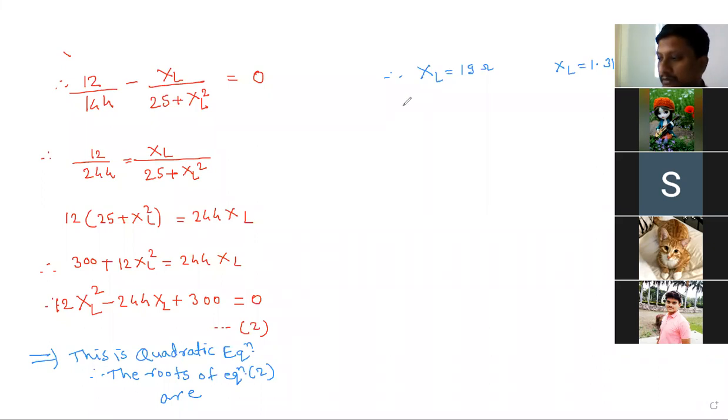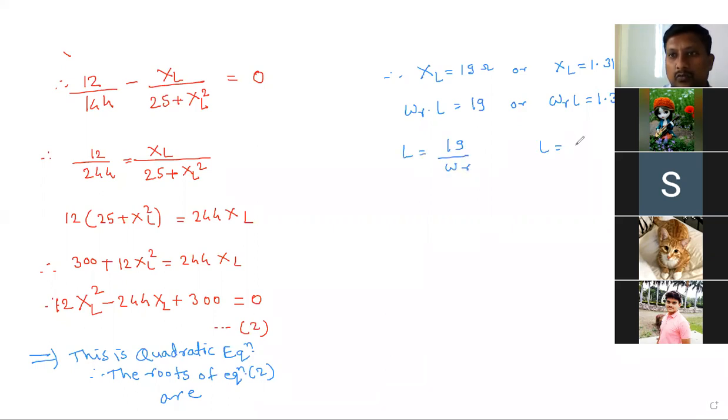So XL means what? Omega r into L, omega r we already know. So omega r into L is equal to 19. Here omega r into L is equal to 1.31. Now L is equal to 19 divided by omega r.